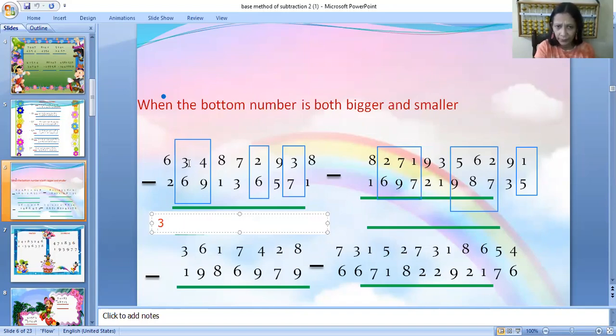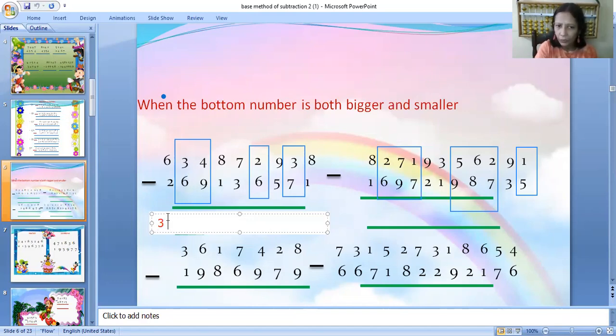Move to the next pair. Here you need the borrowing. In this case, you see 6 is written here, so you have to find out the complement of 6. And you know, in my previous video, I told you all the complements. So 4 is the complement of 6. Now, what will you do with 4? You will add it with this 3. 4 plus 3 is 7.